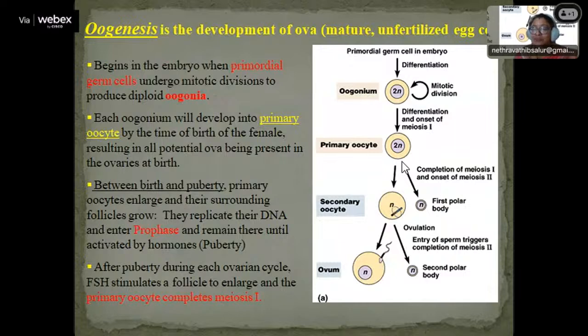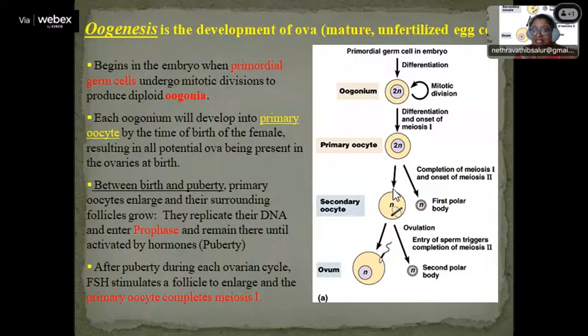You can see there is a small circle and a large circle. The small circle is nothing but the first polar body, which is of no use. The second structure is the secondary oocyte, which carries the mother characters. Now, this secondary oocyte will undergo second meiotic division only when the sperm fertilizes the egg.